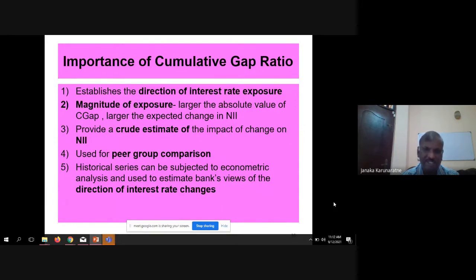Our statistician can do this econometric analysis and use it to estimate banks' views of the direction of interest rate changes. Now, using statistical analytics, here we call econometric analysis and forecasting for future different interest rate scenarios, then probably you can have a scenario analysis of the movements of interest rates and the resultant impact on net interest income, right?